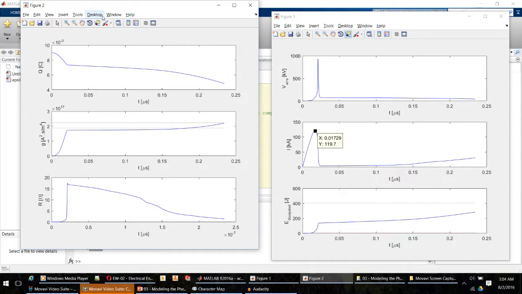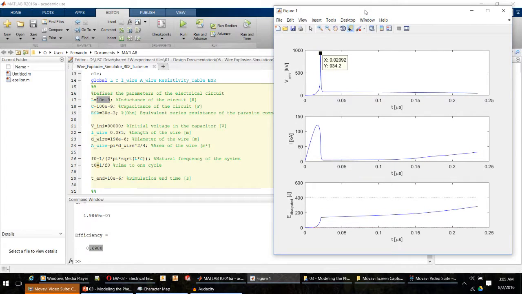And you see here that we run out of data before 0.225 microseconds. So this is a 10 times faster experiment, and of course we expect the experiment to provide a much stronger explosion. But how much stronger? Where is the limit? Where does it asymptote and we can't produce any stronger explosion?